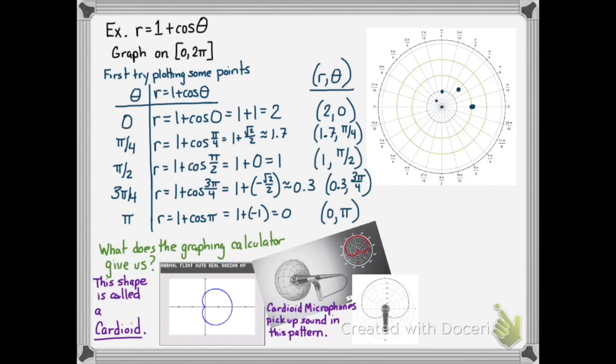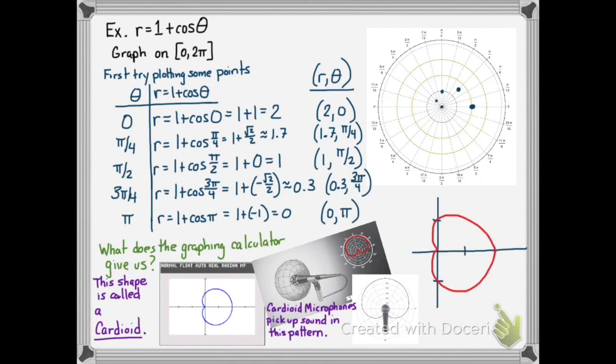But okay, back to our picture. If we were to fill in the curve connecting those points, and we did a really good job of it, it would look like our graph from the graphing calculator. So I'm going to draw one by hand here that looks like what the graphing calculator gives us.